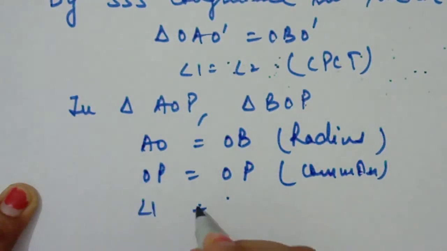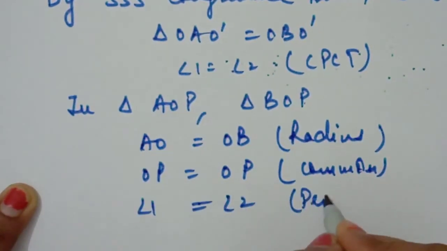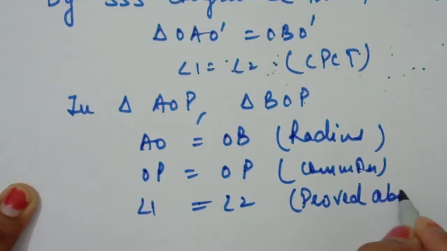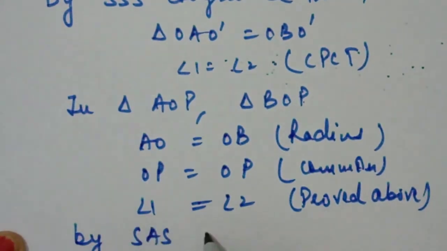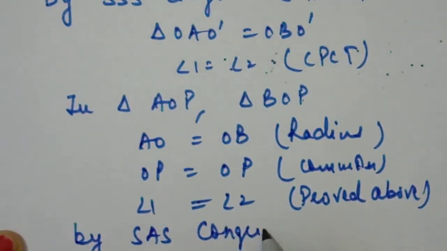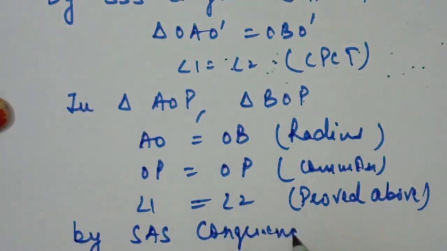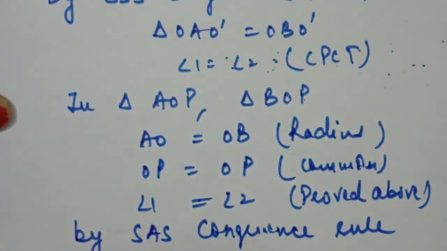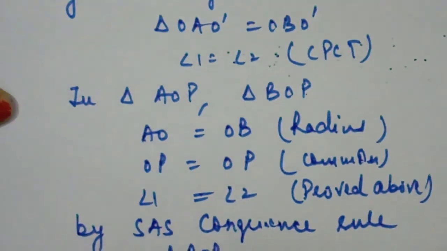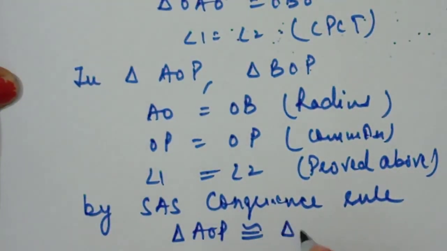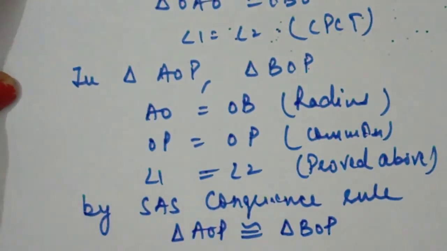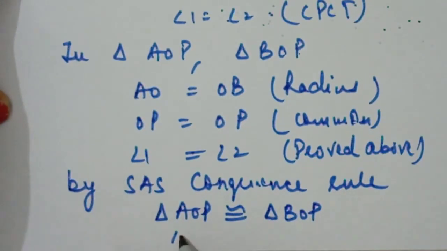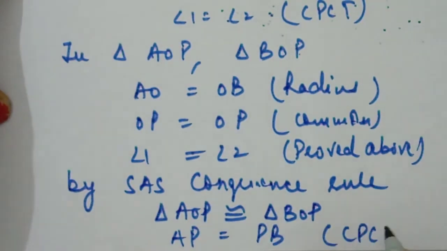And angle 1 is equal to angle 2, proved above. By the SAS congruence rule, we have triangle AOP congruent to triangle BOP. By CPCT we can say that AP is equal to PB.